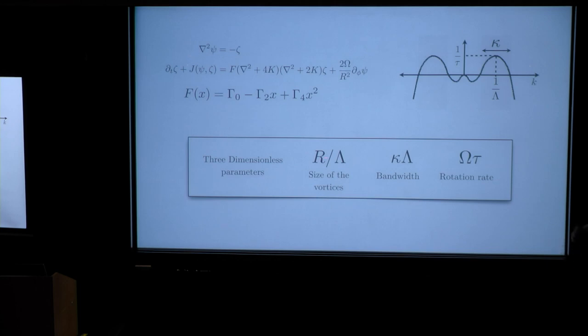So this is how large is my sphere as compared to the size of the vortices that I'm forcing in the GNS model. Then there's the dimensionless bandwidth, which is kappa lambda. And then we have rotation rate, which is as compared to the typical life of these vortices that is again forced by the GNS dynamics. And so we argue that these are the 3 dimensionless parameters that play a role. And we will fix kappa lambda to 1 in this talk.